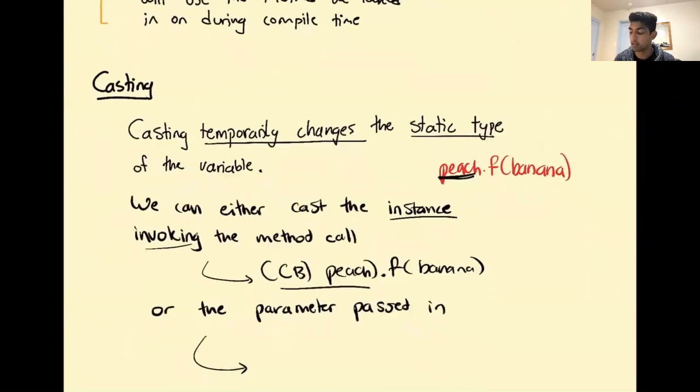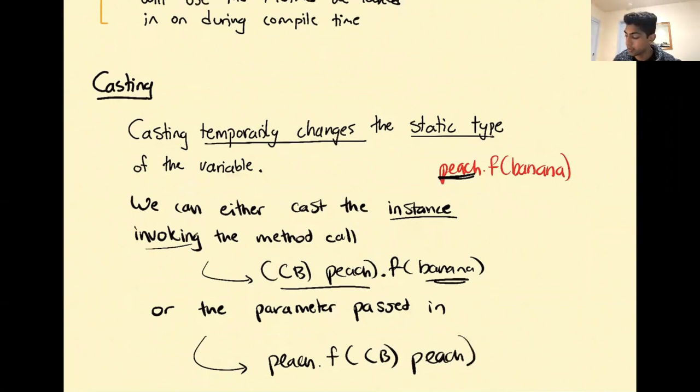We can also cast the parameter that's passed in. So a possibility is we can do peach.f((B) peach), which is totally okay.